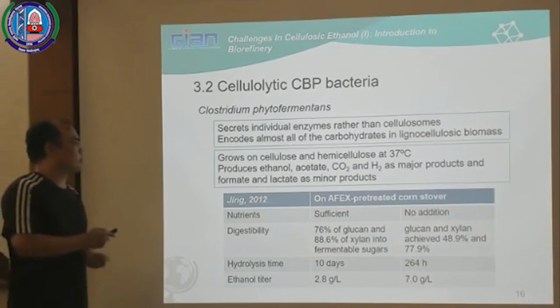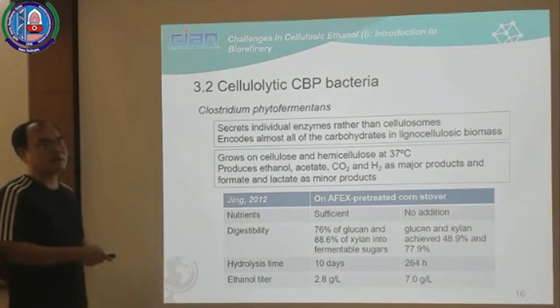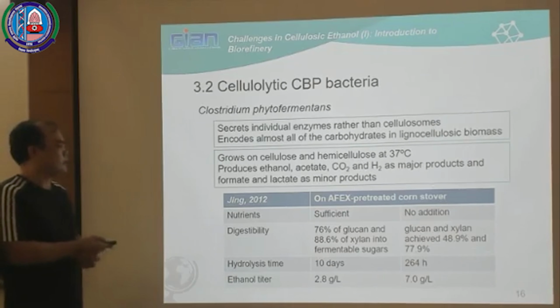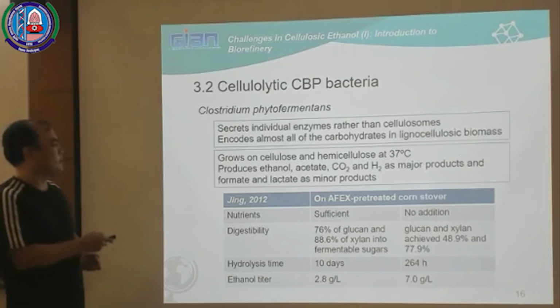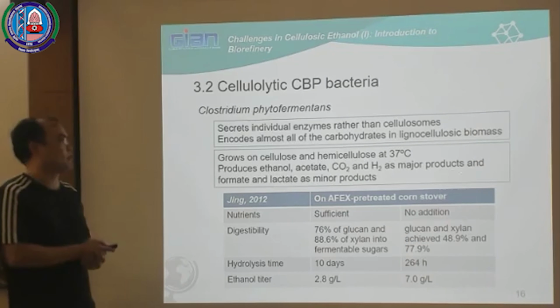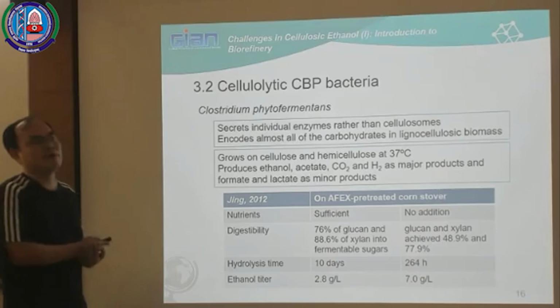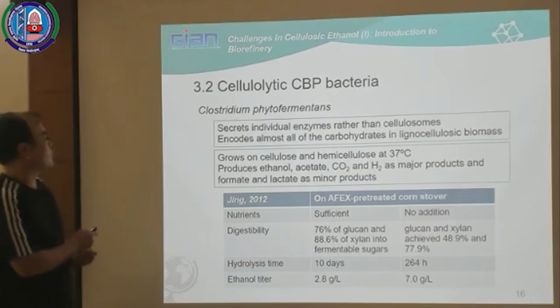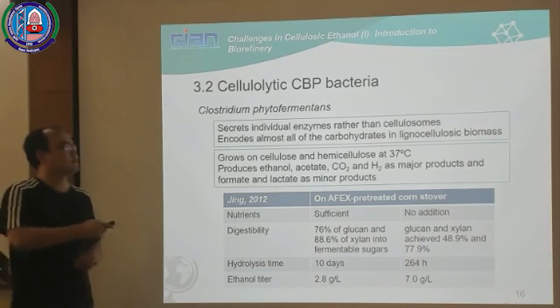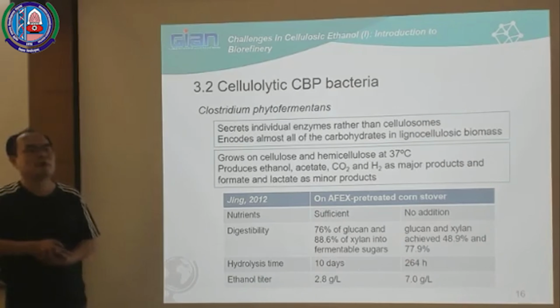Second, it can tolerate ethanol as high as 1%, and it produces acids and hydrogen as minor products. The byproduct level is much lower than Clostridium cellulolyticum. Yes, I think this one is much better.